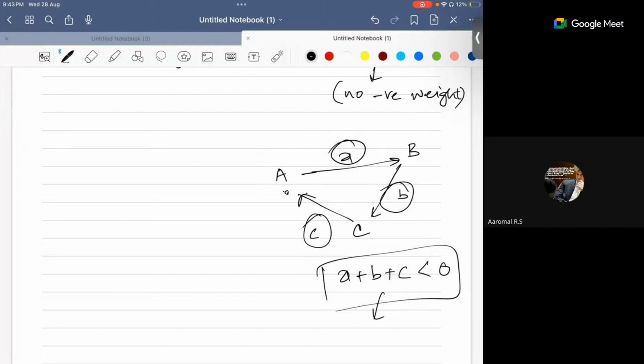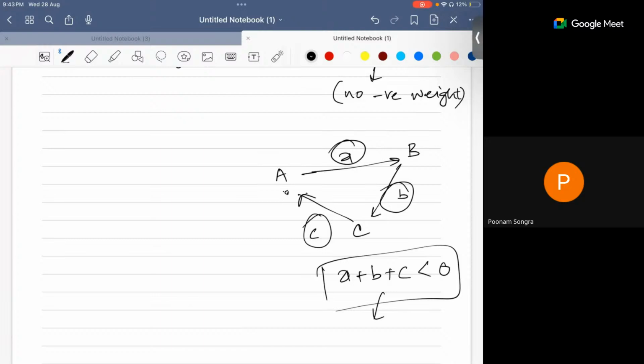The summation of the weight is coming out to be negative, so that's why it's a negative cycle. Clear? The difference between negative weight and negative cycle? Can somebody tell? Yes, no, maybe?